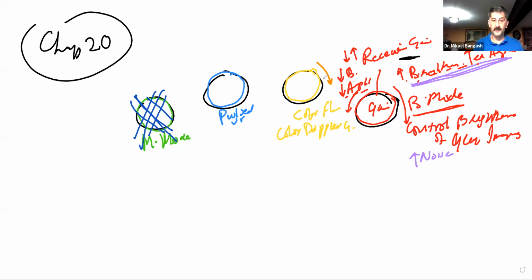Turn that clockwise, that is going to increase the color Doppler gain, whereas we can turn it anti-clockwise, which means it will decrease the color Doppler gain.